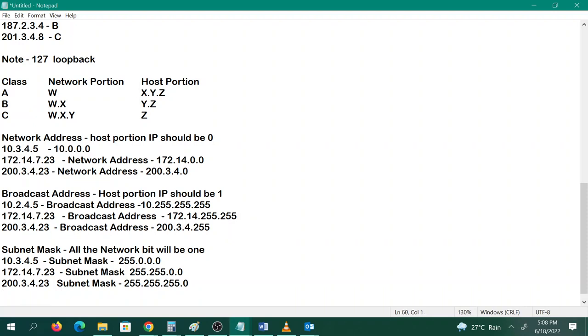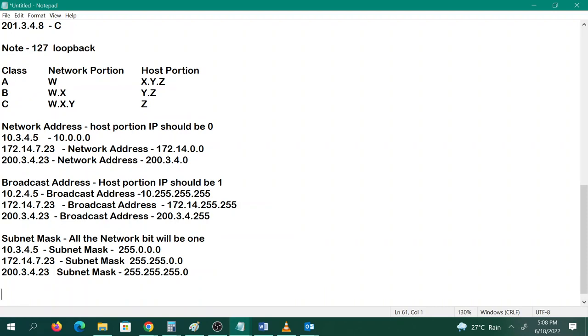Same way, for the network bits, the first class has 8, the second class has 8 and 8, and the third has 8, 8, 8. So we can call this CIDR, classless inter-domain routing.